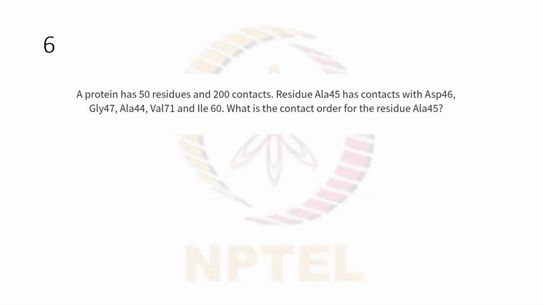Okay, next question we'll be solving is contact order. If a protein has 50 residues and 200 contacts, now we are trying to calculate a contact order for residue alanine 45, which has contacts with residue 46, 47, 44, 71 and 60.